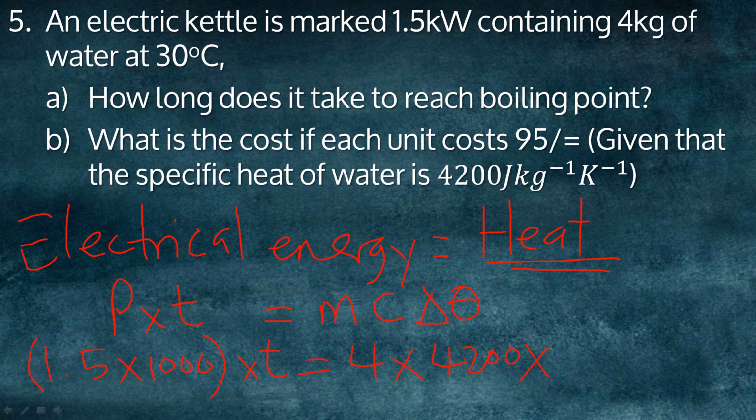It was at 30 degrees Celsius. Remember, water boils at 100 degrees Celsius, so the temperature change there is 70. You don't need to convert to Kelvin because the difference still remains the same. And from this equation, you can get the value of T, which shows you how long it takes for the water to boil.